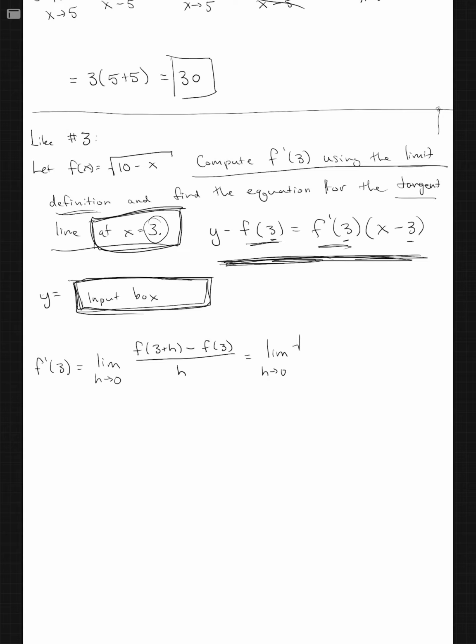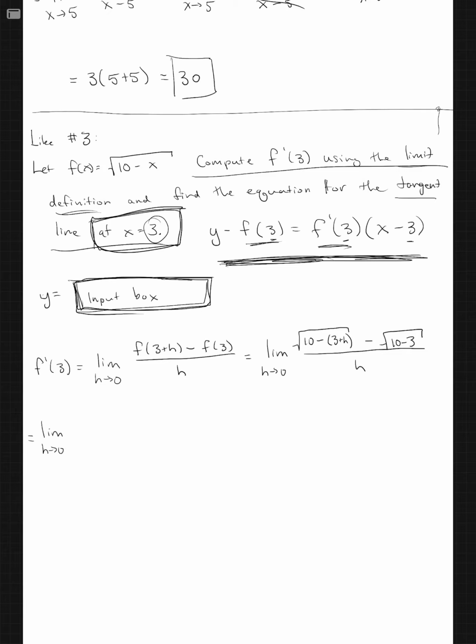F of 3 plus h is going to be the square root of 10 minus, and here's where we have to be careful, 3 plus h. Right, it's not minus 3 plus h, it's minus the entire quantity 3 plus h. Right, minus f of 3. It's going to be the square root of 10 minus 3 all over h.